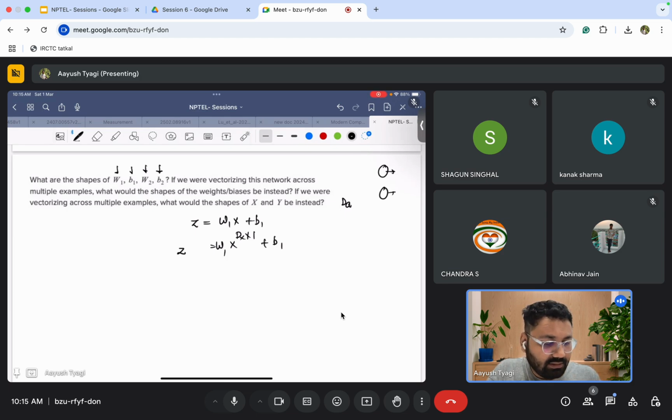So if there are dA nodes, every node has a bias associated with it. Makes sense, right?